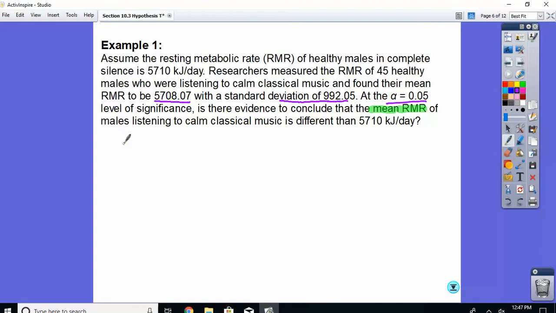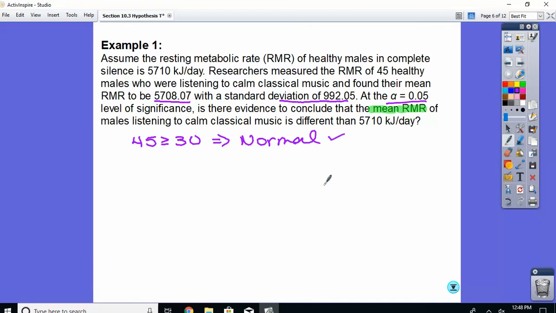If it's talking about the mean, the criteria you need to check is, did it tell us this was normal? No. So then we need to see, is our n bigger than 30? Yeah, 45 is greater than 30, so that means we can assume it's normal. So check your criteria first.